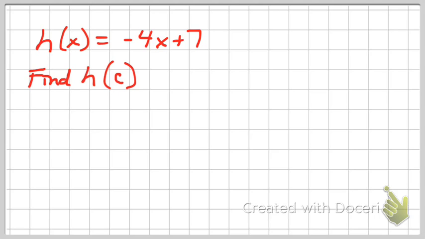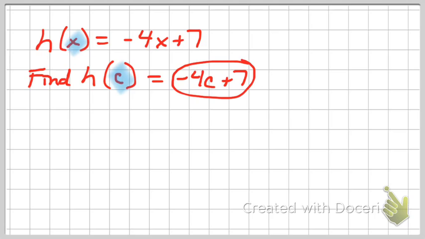It doesn't matter what I'm asking you to put in. It could be a number, like the last 2 examples. It could be a letter. It could be a wingding. It could be find h of a picture. And you put the picture in for the variable. So in this case, we're going to replace the x with a c. So the answer is negative 4c plus 7.